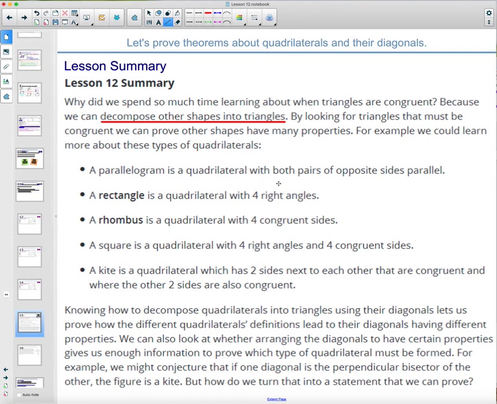A parallelogram is a quadrilateral with both pairs of opposite sides parallel. A rectangle has 4 right angles. A rhombus has 4 congruent sides, and a square is both a rectangle and a rhombus together, so it has 4 right angles and 4 congruent sides.